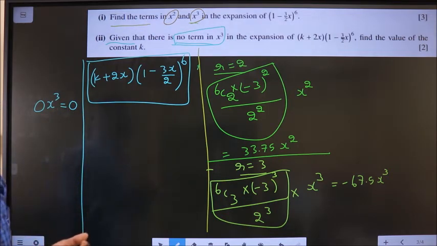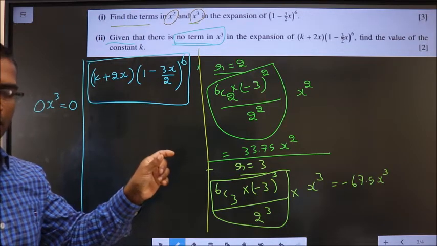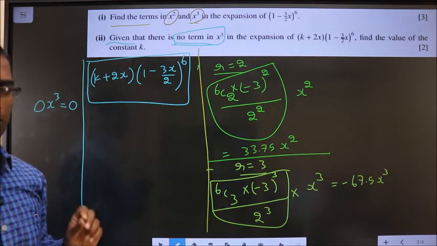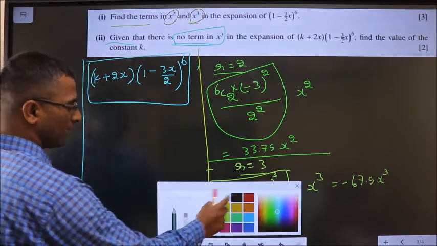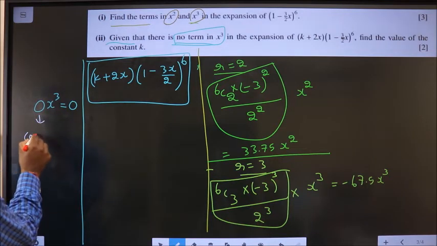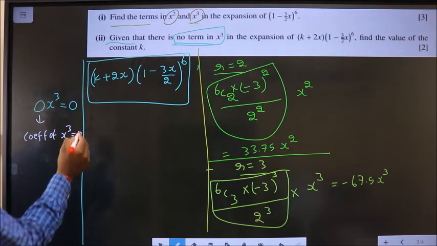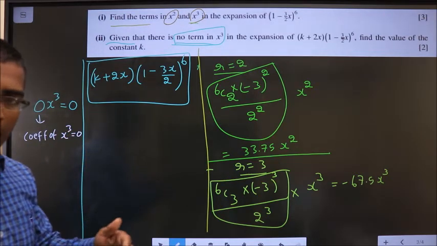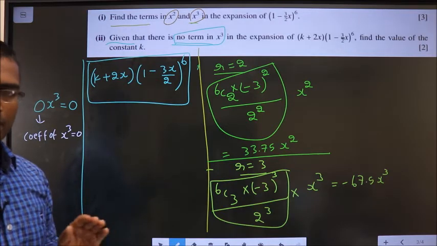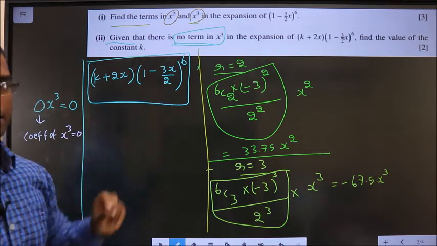In that way I can be sure that the x cube term is not present. 0 before x cube can also be written as the coefficient of x cube has to be 0. Clear? That term should not be present means its coefficient has to be 0. Clear now? So we need to find the coefficient of x cube in this expansion.